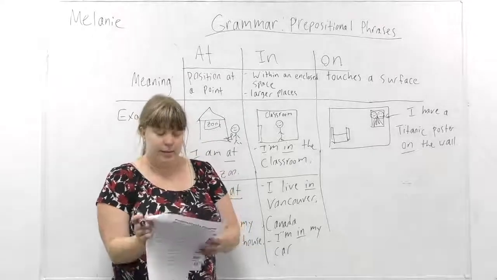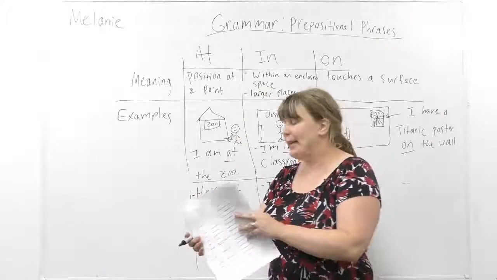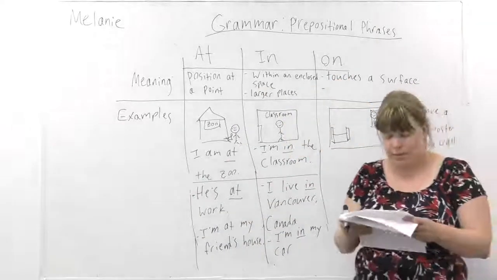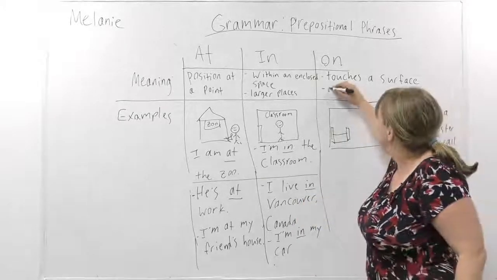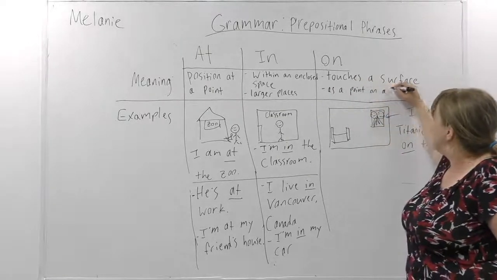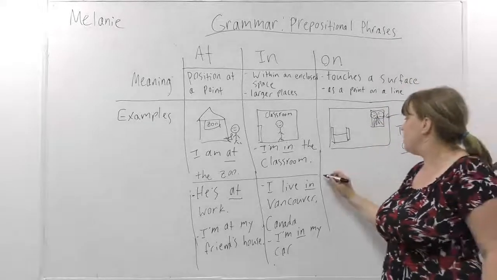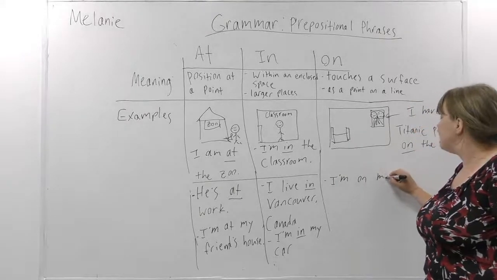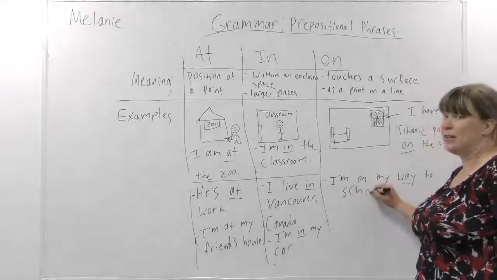And what are some other good examples? Okay, this one might sound a little bit strange, but on is seen as a point on a line. So what does this mean? So for example, I'm on my way to school.